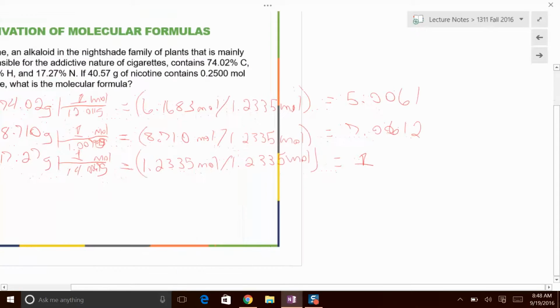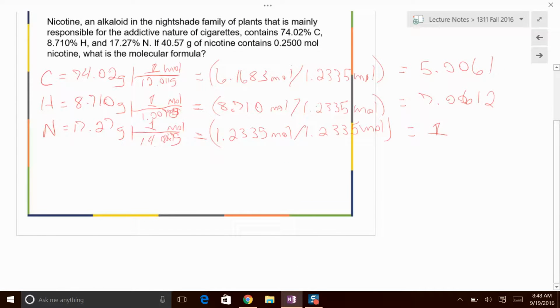So I don't need to multiply the final thing by anything because I have whole numbers here. So C5H7N. Okay? This is my empirical formula for this compound.